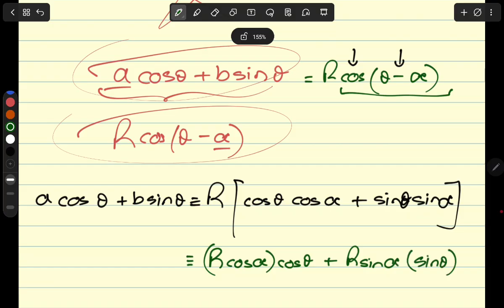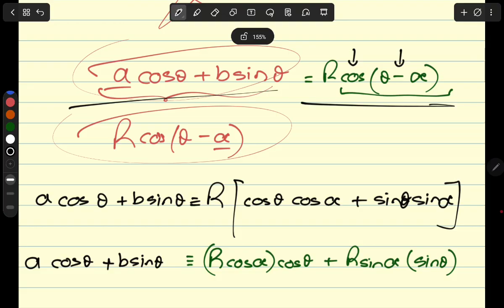Now, can you see that we also have a similar thing here, a cos theta plus b sin theta, right? So we are not proving that these are equal. This is simply our target. We are asking what must r and alpha be so that these two expressions become identical, right? So now you'll see why our Monday's lecture on compound angles was so important.